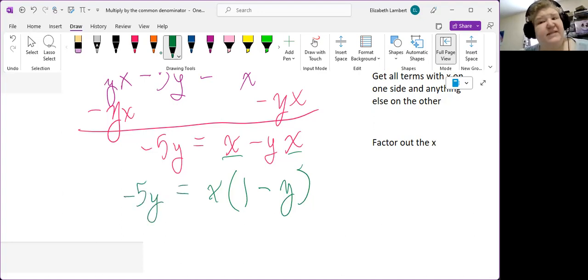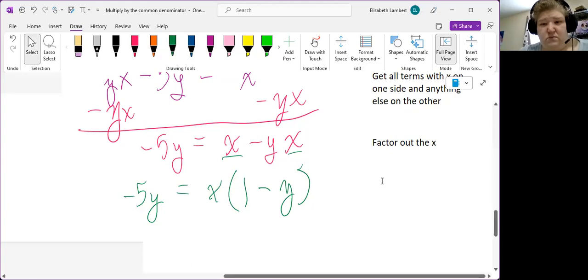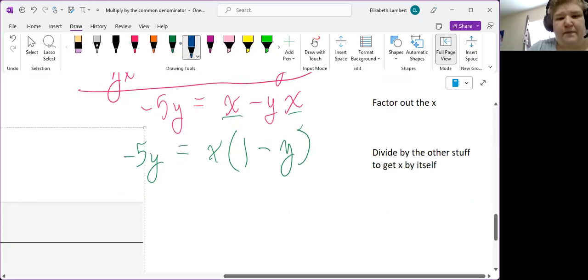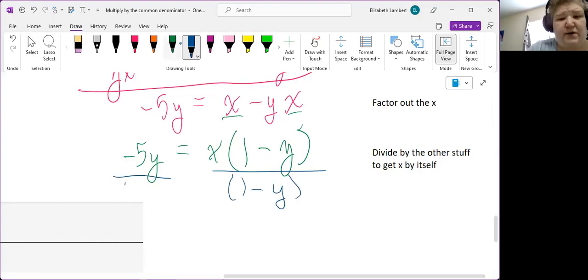Now we almost have x by itself. Now I have x times 1 minus y, and 1 minus y doesn't have any x's in it. So another weird step, we're going to divide by that extra thing. So here, I'm going to divide by 1 minus y, and over here, we're going to divide by 1 minus y.